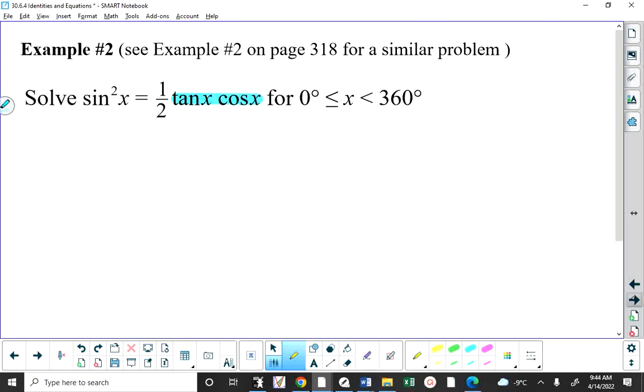So the idea here is we've actually got three different trigonometric ratios. We have sines in there, we have a tangent in there, and we have a cosine in there. We want to get everything to be the same, ideally. Not always, but in this case it will work.